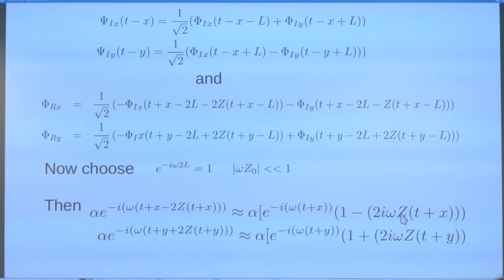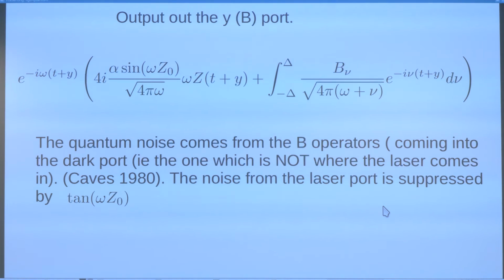Z is assumed to be extremely small, nanometers, compared to the 4 kilometers of the system, and compared to the wavelength of the light, 1 over omega. So this is a very small factor, and we can linearize with respect to it.